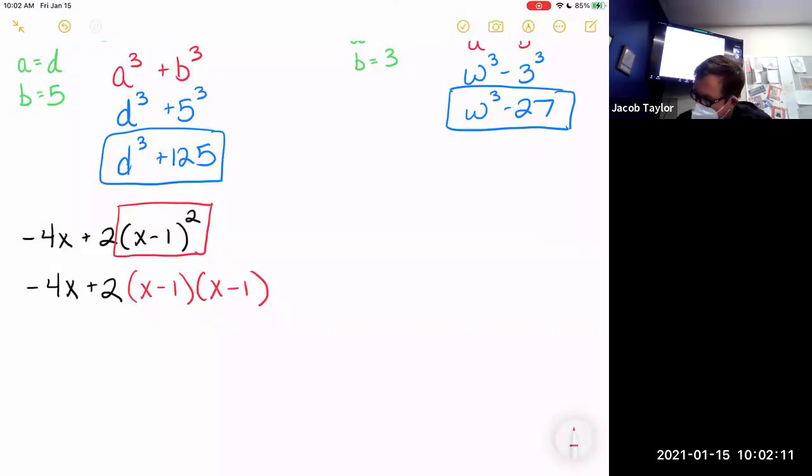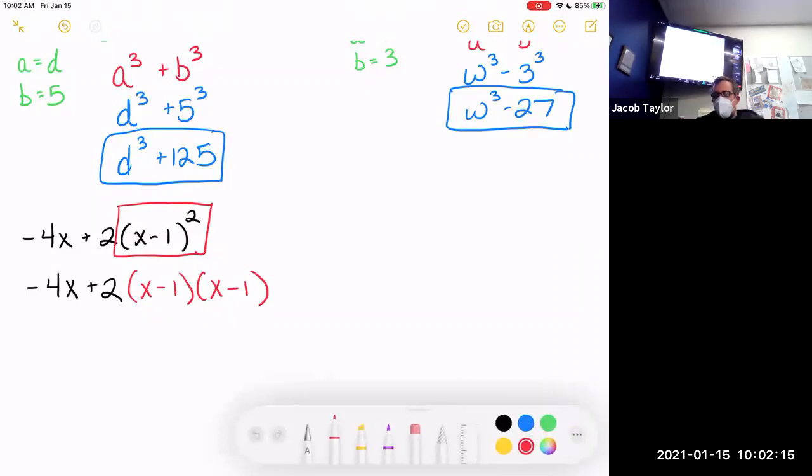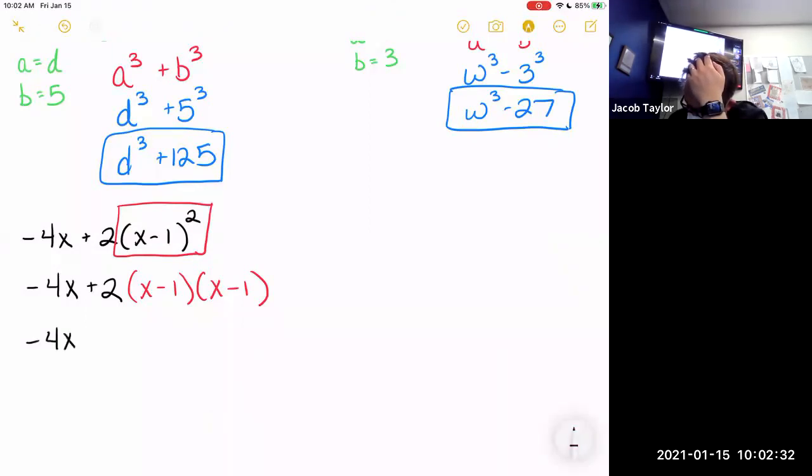You're too far away. So the next thing that I do is multiplication. It's possible for me to distribute the 2 to the x minus 1 first and then do the distributive property for the parentheses, or I can do the parentheses first. I don't care what you do. I think I'm going to do the parentheses first. Multiply the parentheses together.